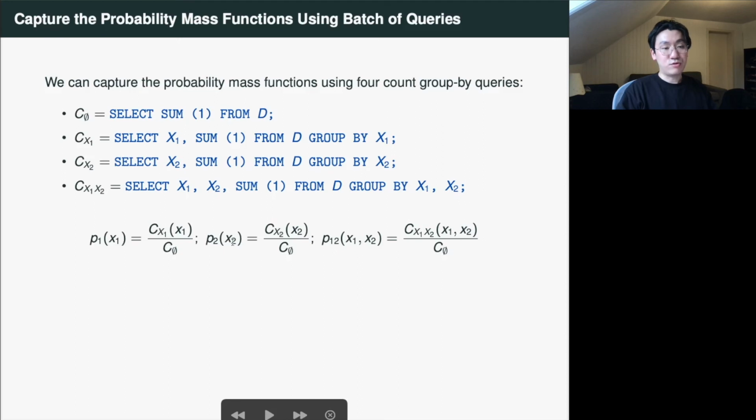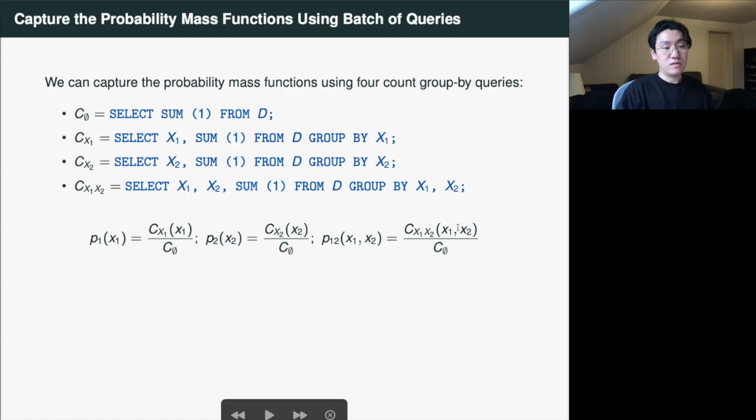Similarly, to capture the probability P2, we need the number of tuples with this x2 divided by the total number of tuples. So we need this query. And to compute the last probability, we need the number of tuples for this x1, x2 pair divided by the total number of tuples.